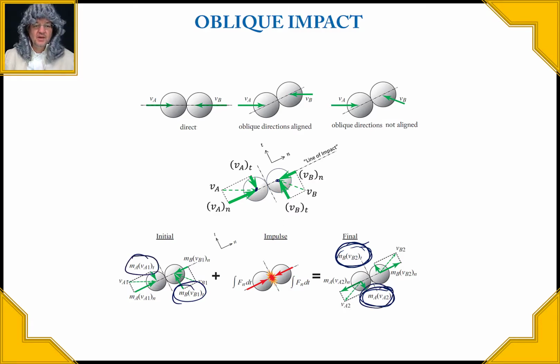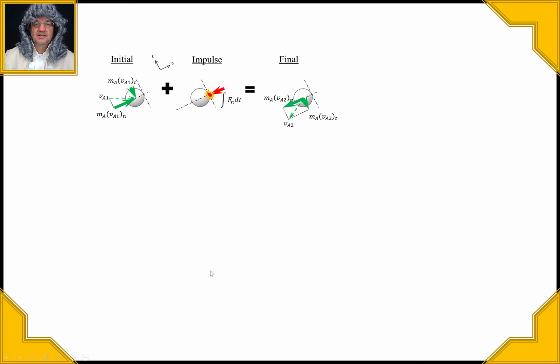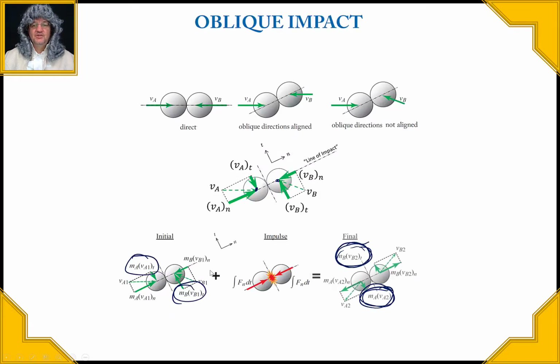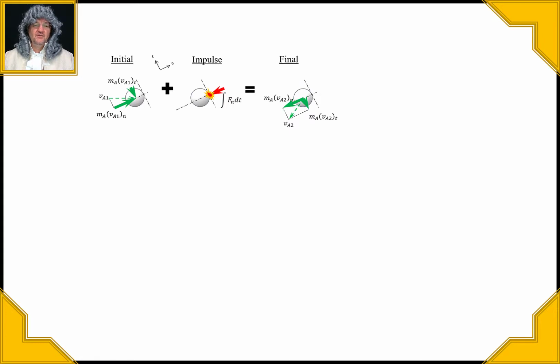So the momentum before equals the momentum after of the individual balls. Here is the impulse momentum applied to both particles treated together, but we can also have the particles treated individually.